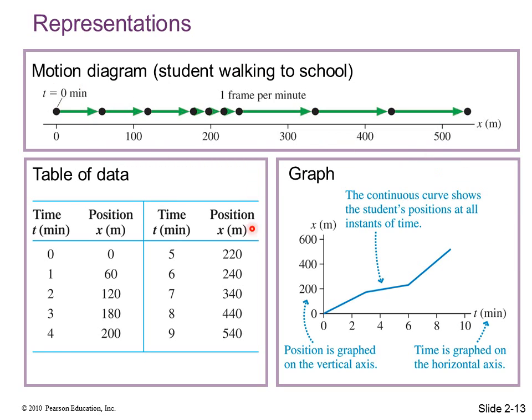You're going to have to be well versed in this and in how to get to this point particle diagram to get to the graph. This happens to be a displacement time graph, and then over here is your data table with the information that's used to graph here. But we can use all these different representations to show the same thing, the student walking to school.